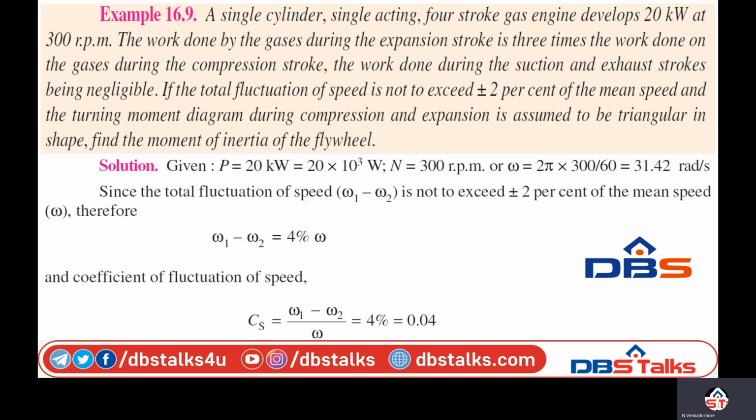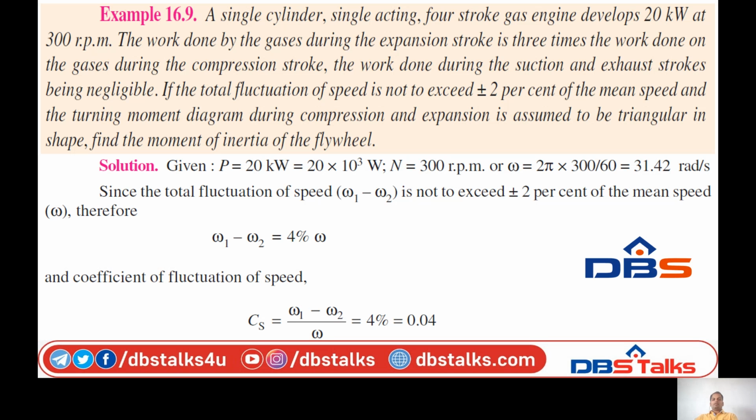Why these are negligible: in the problem itself they have given the condition, but we also know from the theory, while deriving the turning moment diagram for a single acting engine, that during the suction there was no energy developed, only energy is to be supplied.